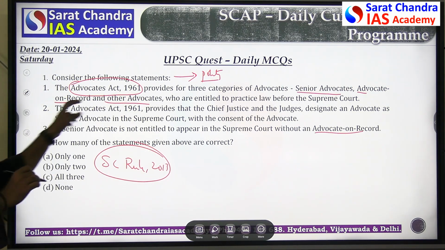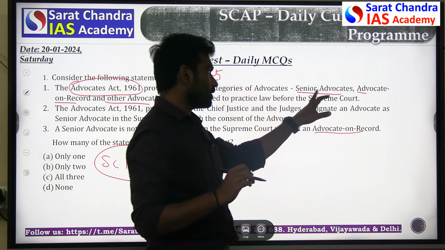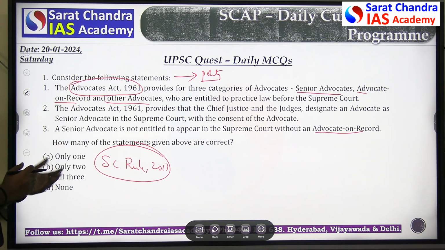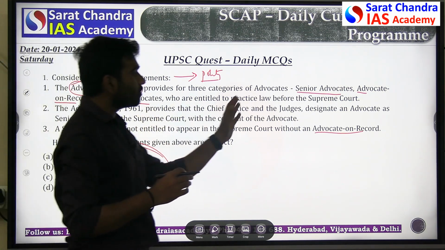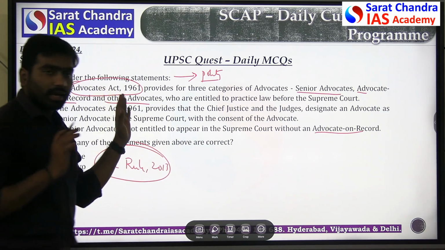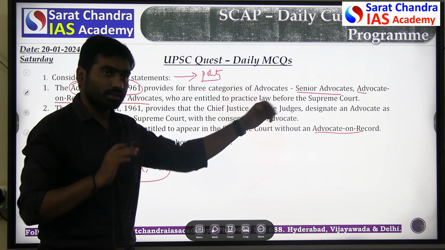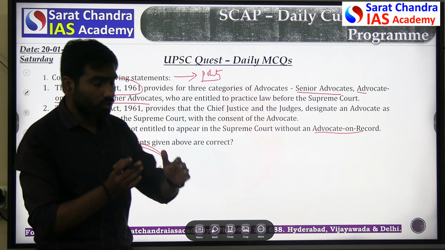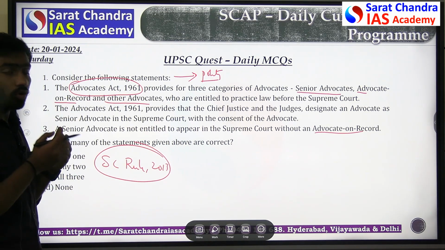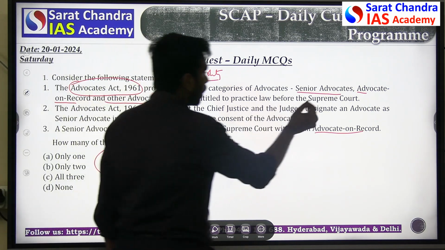Based on the 1961 Act, it clearly provides three types of advocates: first, senior advocates; second, advocates on record; and third, other advocates who are entitled to practice before the Supreme Court. According to the Advocates Act 1961, these three categories of advocates can practice law before any courts, not only the Supreme Court.